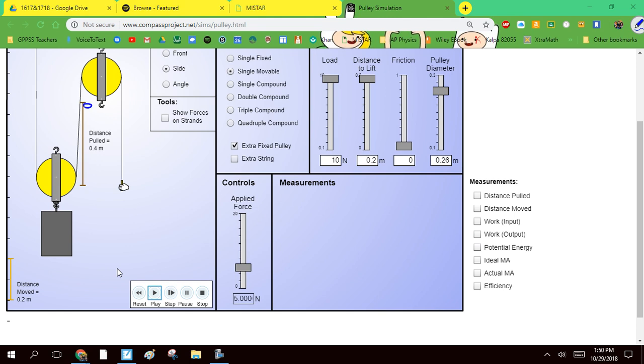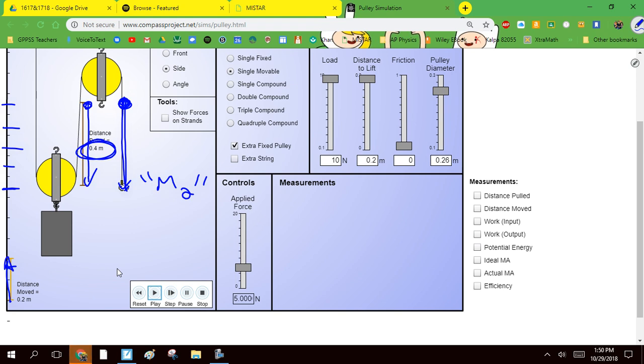This distance here is showing us how far our M2 went down. Look how far it went down. It looks like 1, 2, 3, 4 hash marks, so 0.4 meters. And in return, this thing only went up 0.2 meters.